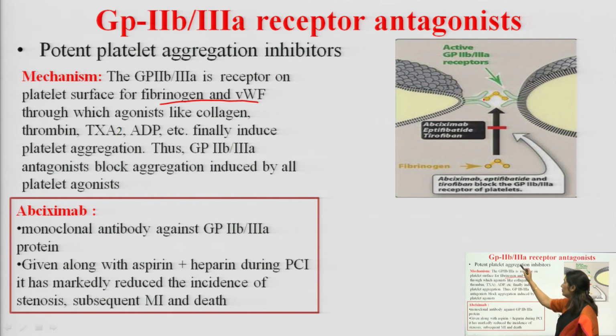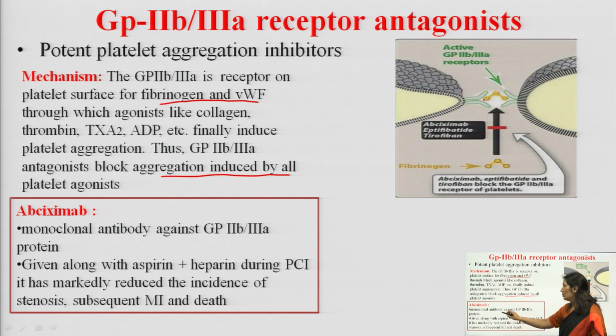Blockage of GP2B3A receptors by these drugs, abciximab, eptifibatide and tirofiban, will prevent the binding of fibrinogen and von Willebrand factor to the GP2B3A receptor, and thus it will block the aggregation induced by all platelet agonists.